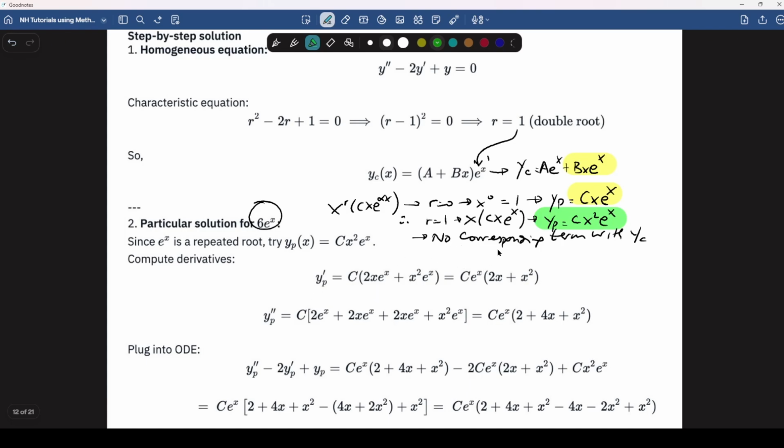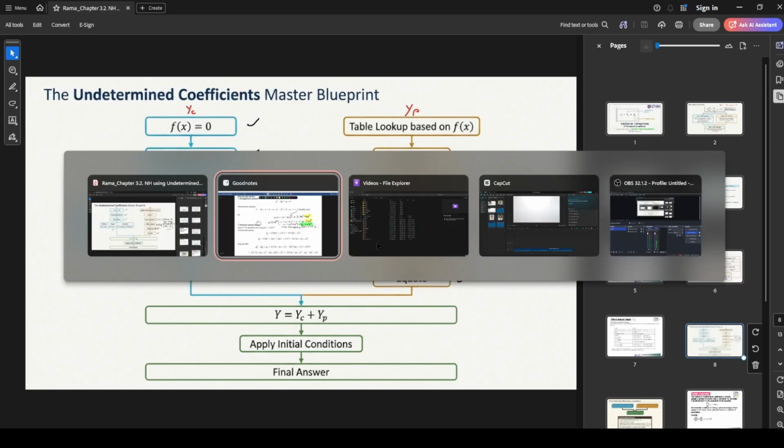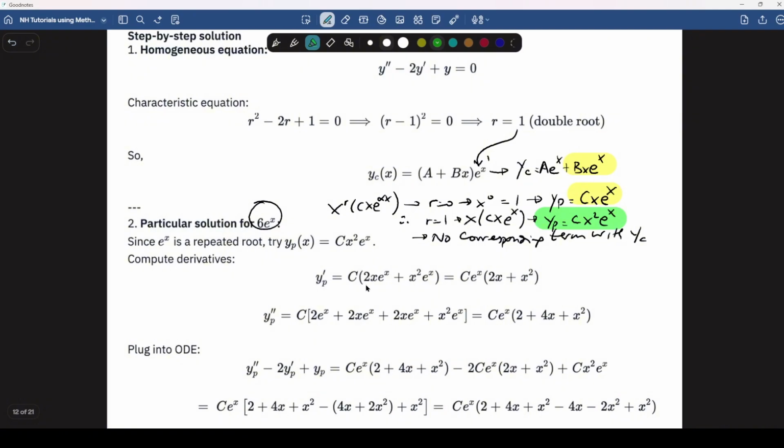Once we confirm there are no corresponding terms in yc, we can proceed with the differentiation. Once we find it, we differentiate. So yp single prime will need the use of the product rule.